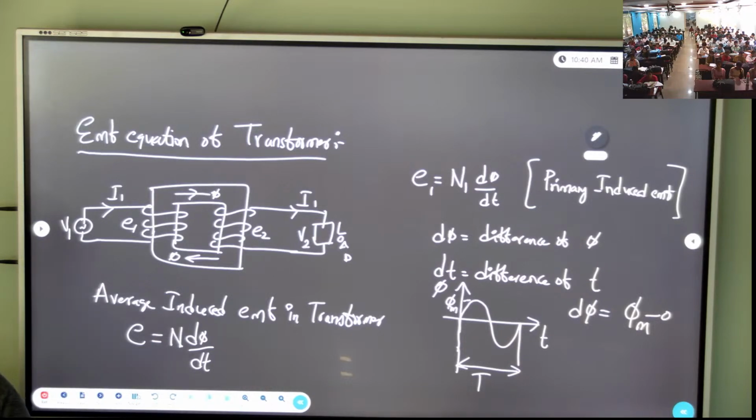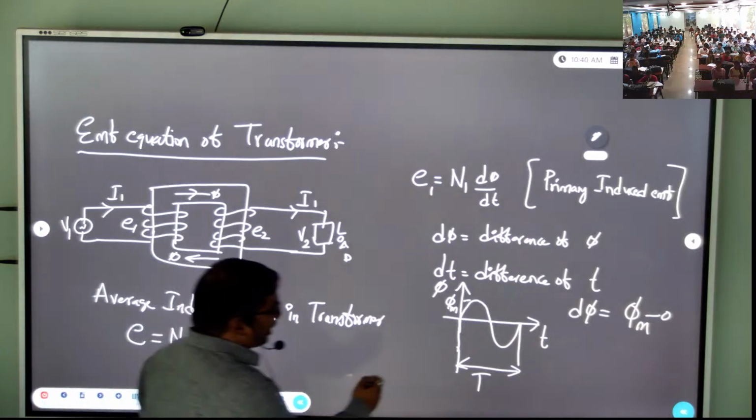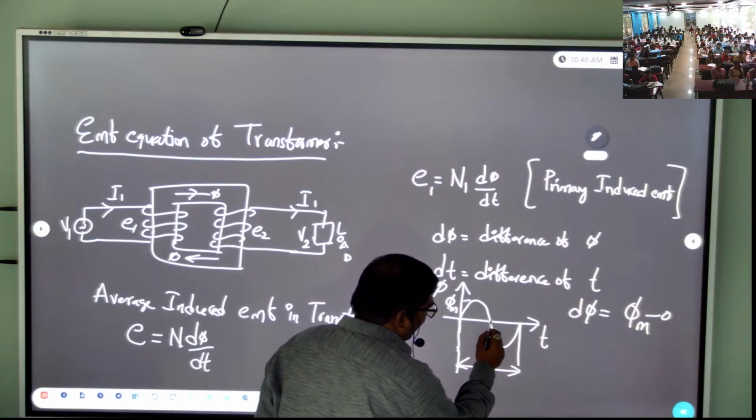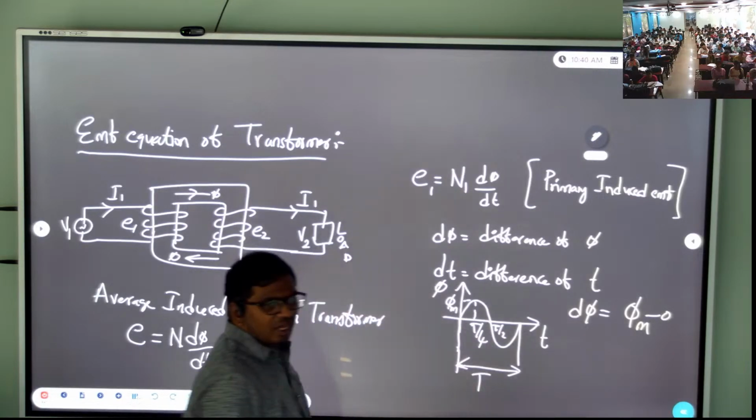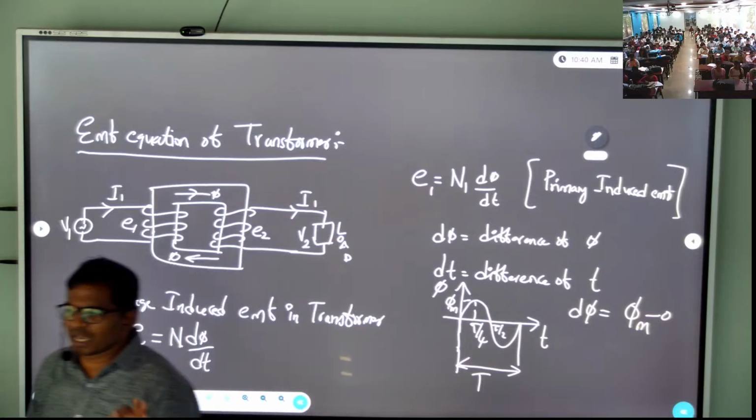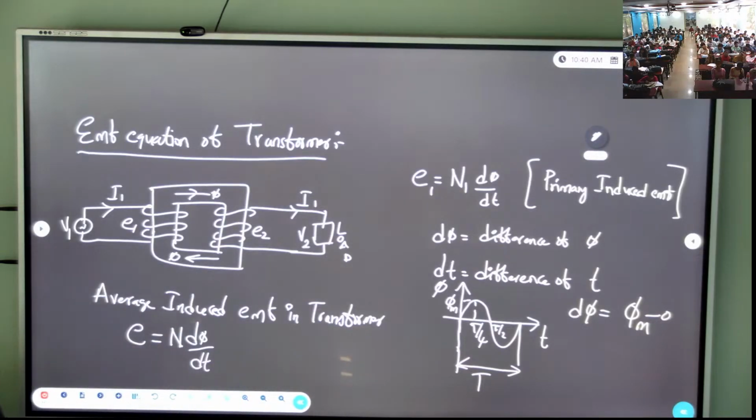T? Okay, very good. So, this is the total time period T. Here it is T by 2. Here it is T by 4. So, in the time of T by 4, we are getting maximum flux.